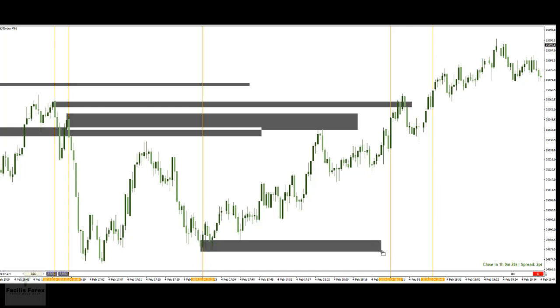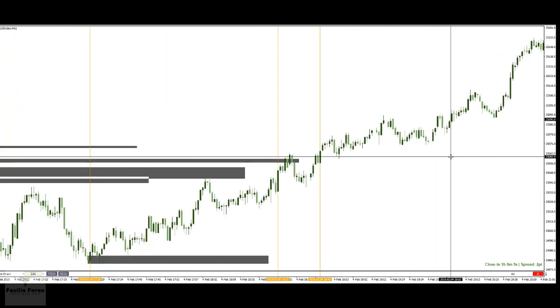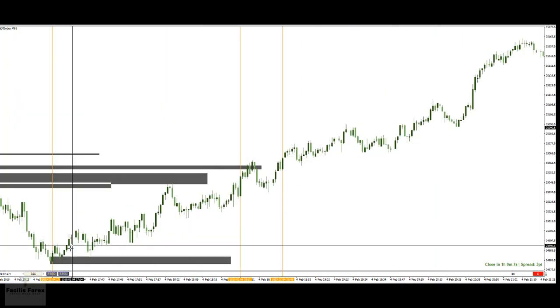And you can see this one only took a minute. So here's your engulfing bar, and then immediately on that next candle you had a test of that zone. Price rebounded, came back down, tested again. On the next candle it tested again, and then, man, just went on for days.